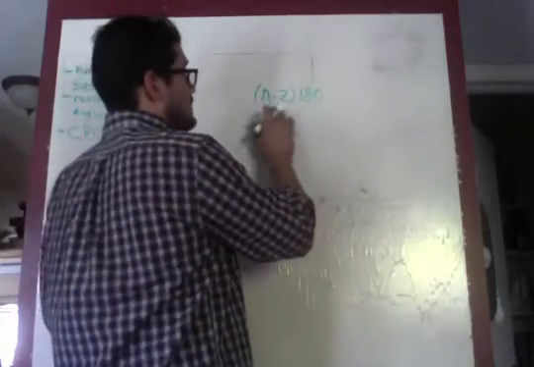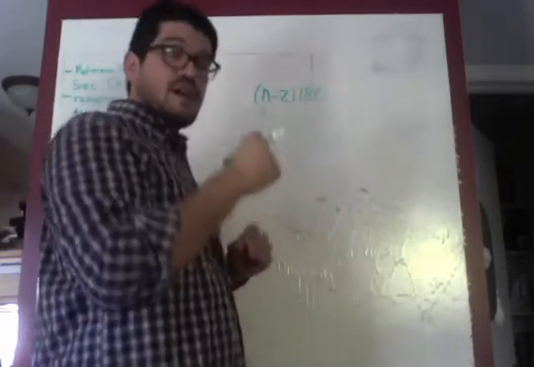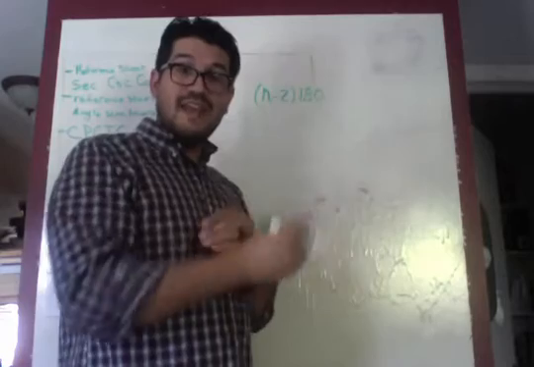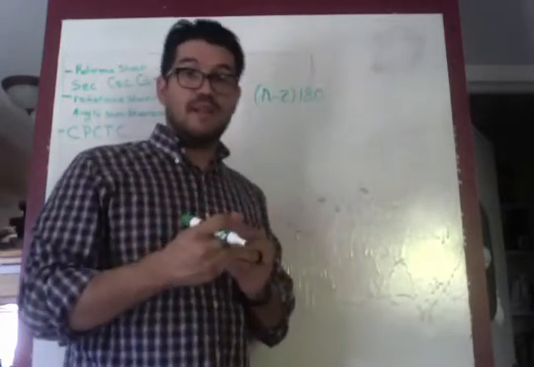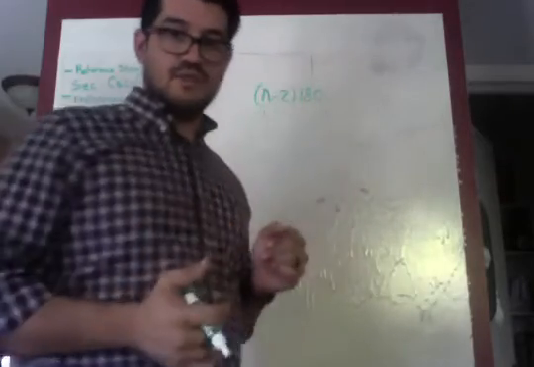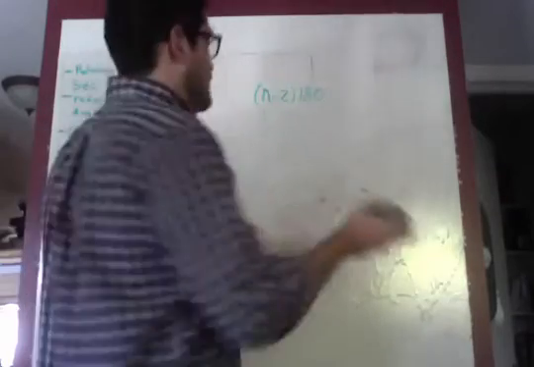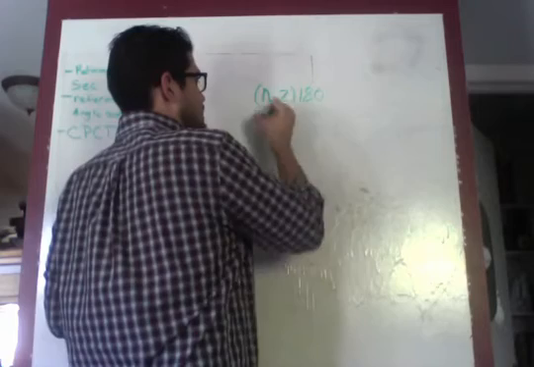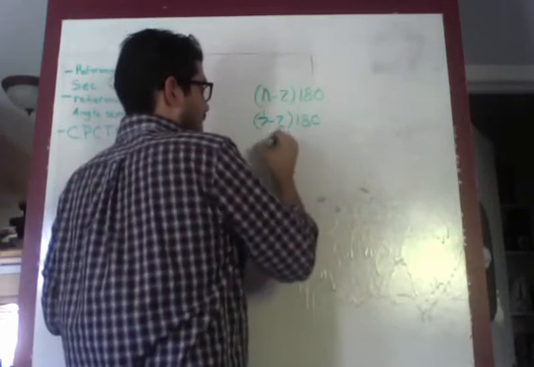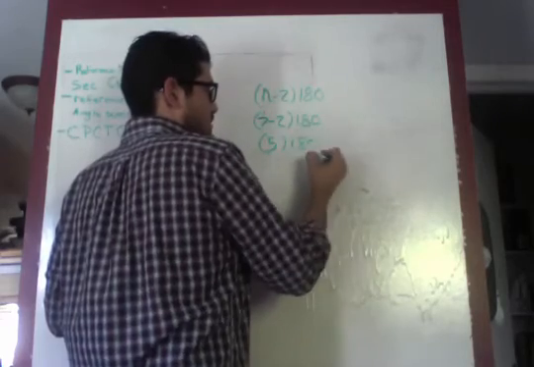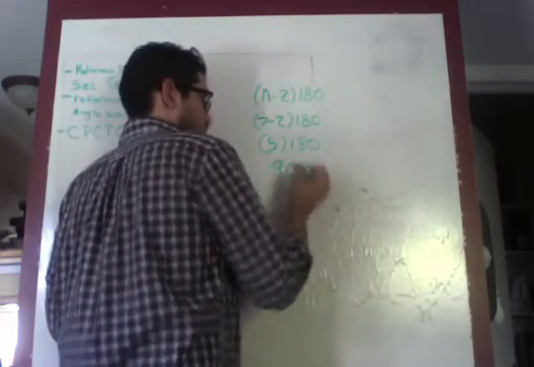So n minus 2 multiplied by 180 will tell you the total sum of the degrees inside of this shape. If you add up all the degrees inside of the shape, they'll have this much. So let's say we have something with 7 sides. 7 minus 2 multiplied by 180 degrees would be 5 multiplied by 180 degrees, which leaves you with 900 degrees.